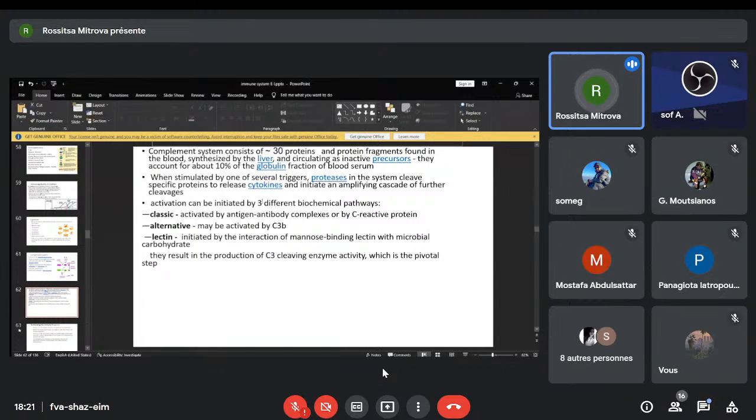The activation can be initiated by 3 different biochemical pathways, just to have some impression: the classic pathway, the alternative, or the so-called lectin, but these are specific details.